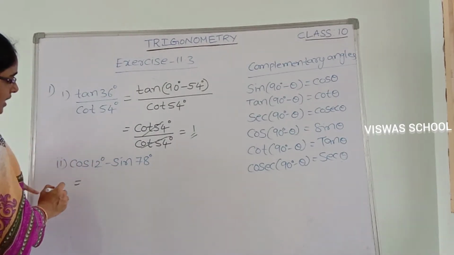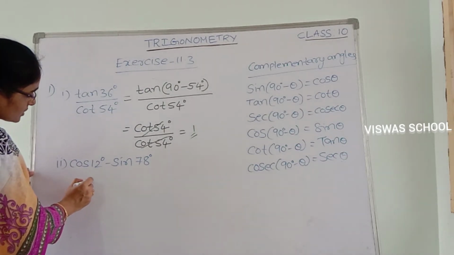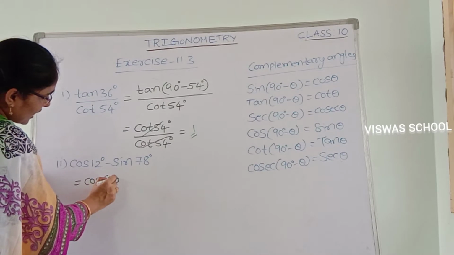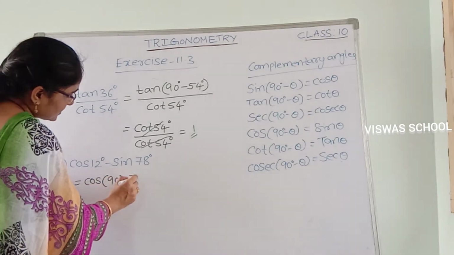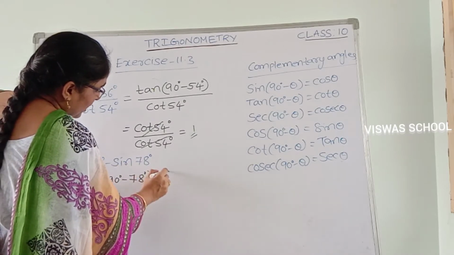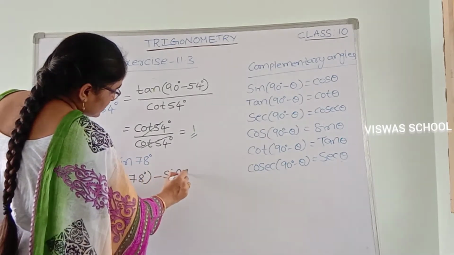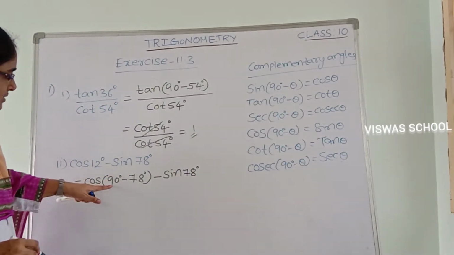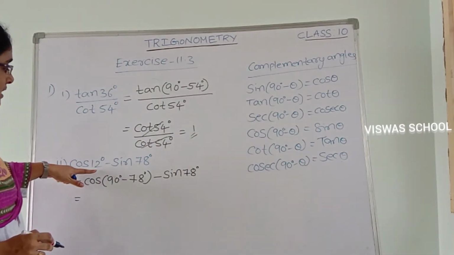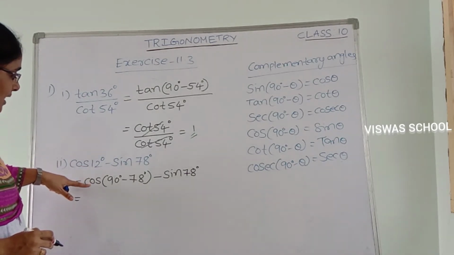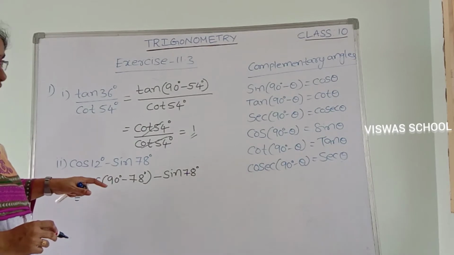I am writing cos 12 as cos of 90 degrees minus 78 degrees. Here 90 minus 78 is equal to what? 12. That means cos 12 I am writing as cos of 90 minus 78.